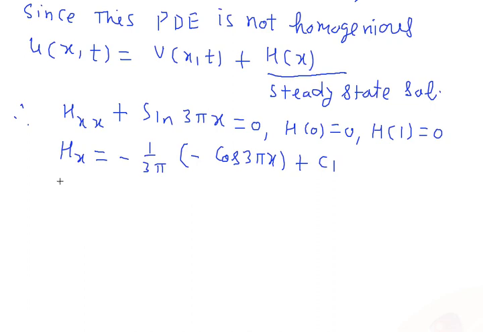By integrating one more time, h(x) = (1/9π²) sin 3πx + c1x + c2.